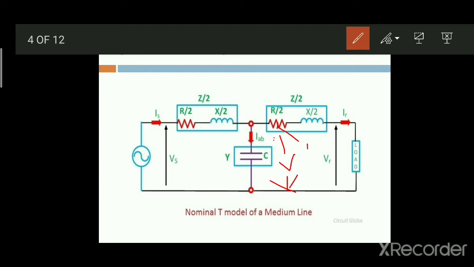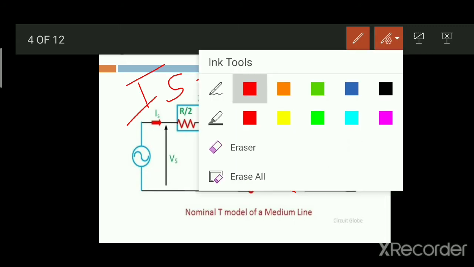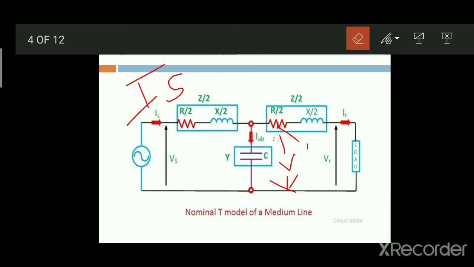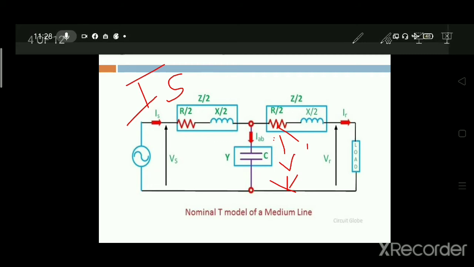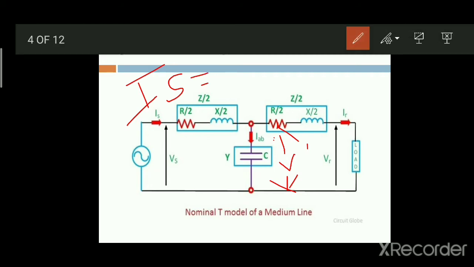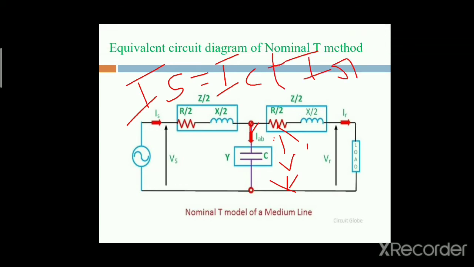Okay, then what is the formula for that IS? At the node point, IS is equal to IAB plus IR, where IAB is equal to IC, the current flowing through the capacitance.